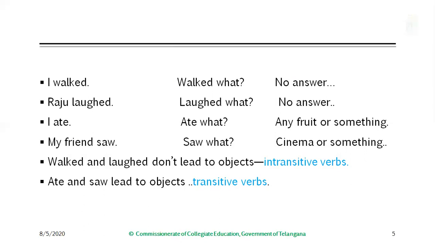So the verbs in these two sentences, ate and saw, are transitive verbs. By looking at the examples here, we can understand that the verb that needs an object is a transitive verb, and the verb that doesn't need an object is called an intransitive verb.